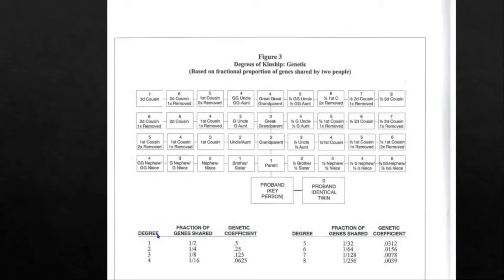So the degree is considered, one way that it gets described as first degree, and you're sharing half the DNA. For your grandparents, who would be the second degree, you're sharing 25% or a quarter of the DNA. Each degree, so third degree is going to share essentially 12.5% of the DNA. Fourth degree, it gets smaller and smaller as you go because it goes by half each generation or each remove.